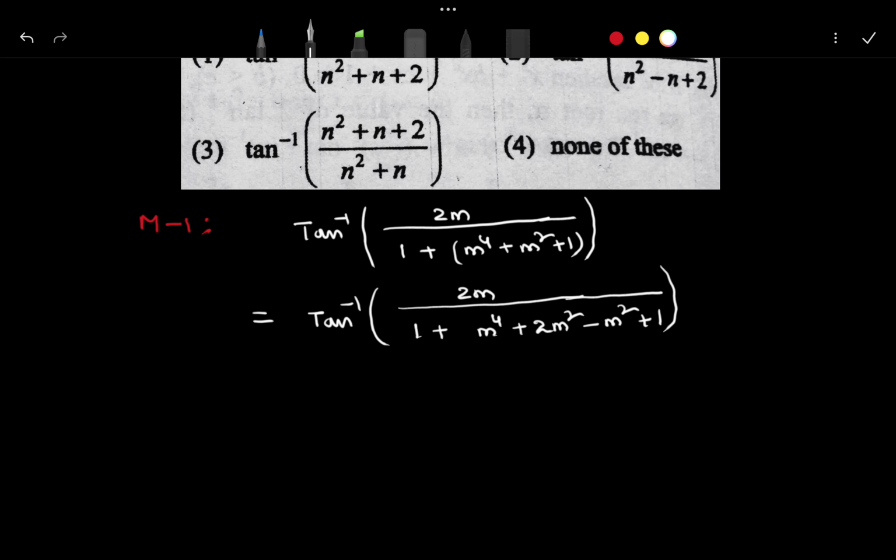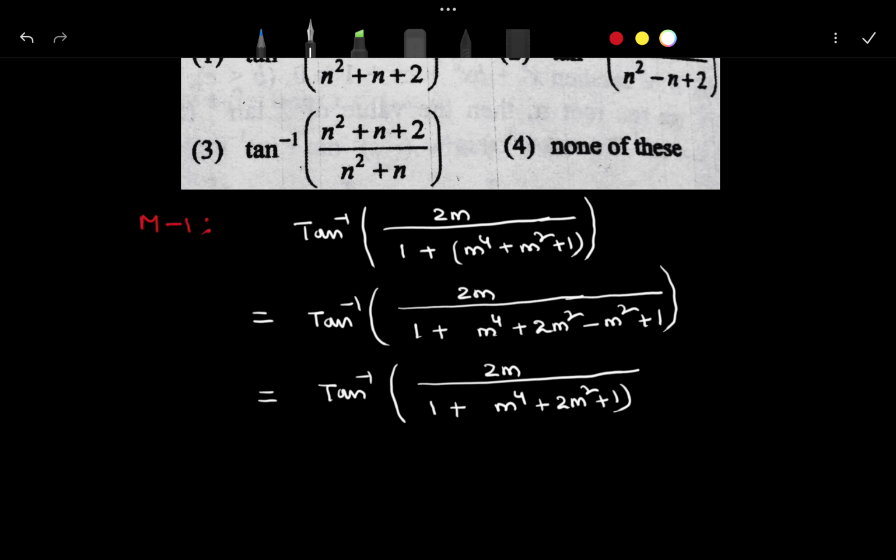So now after this one, you can write tan inverse of 2m whole divided by 1 plus m power 4 plus 2 into m square plus 1.